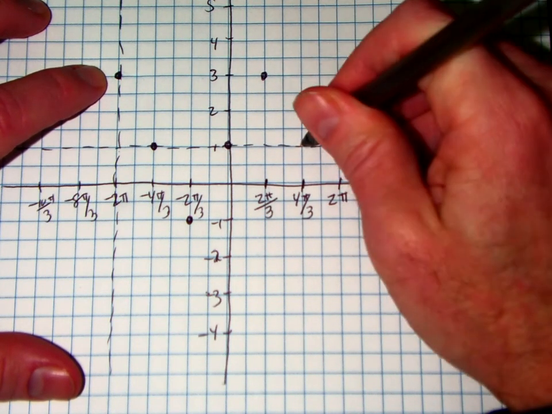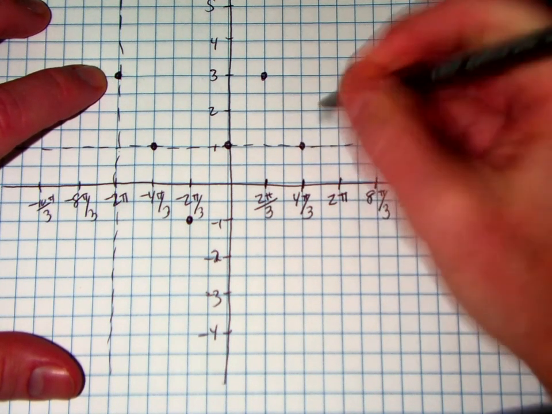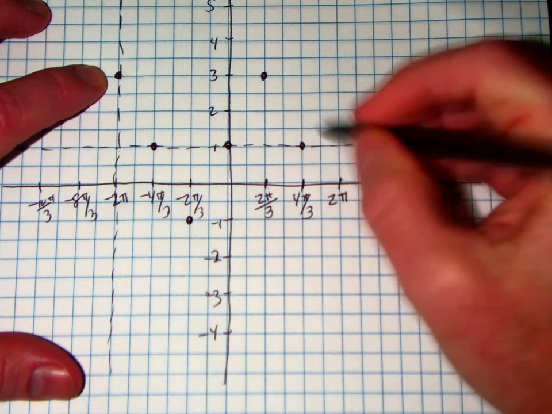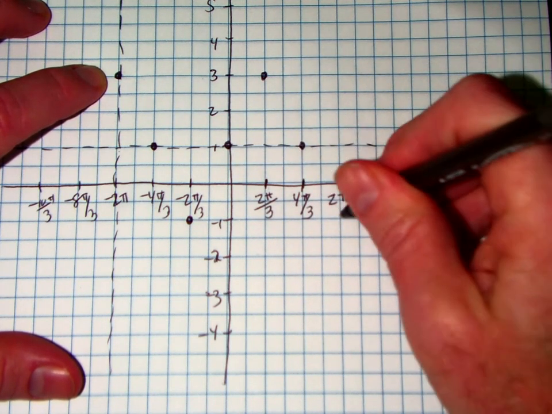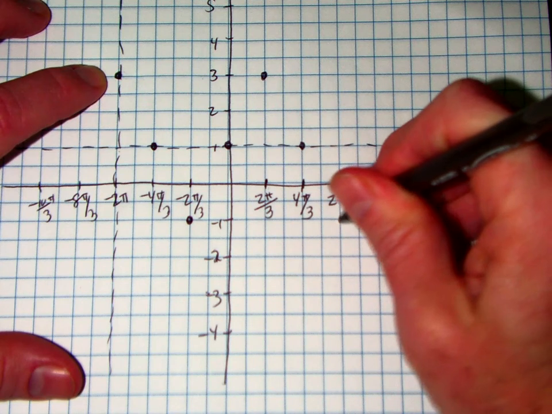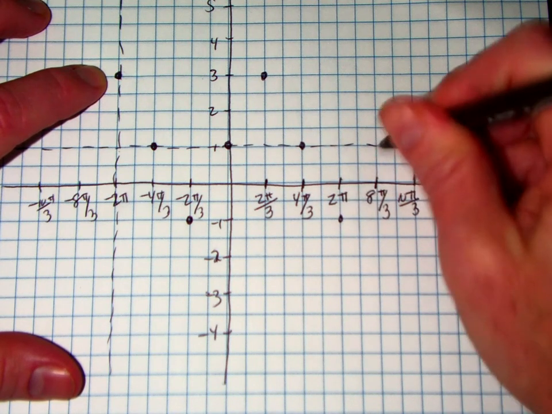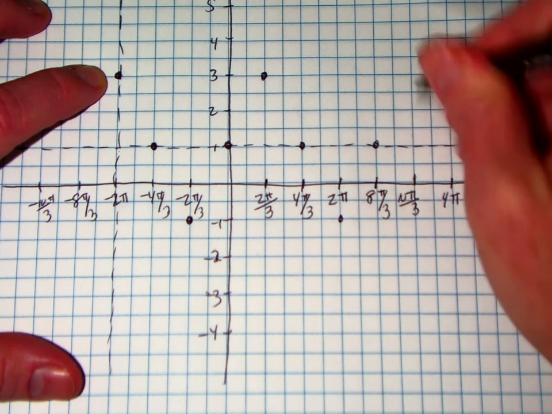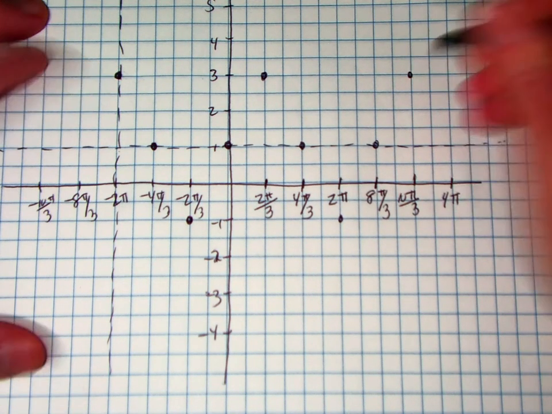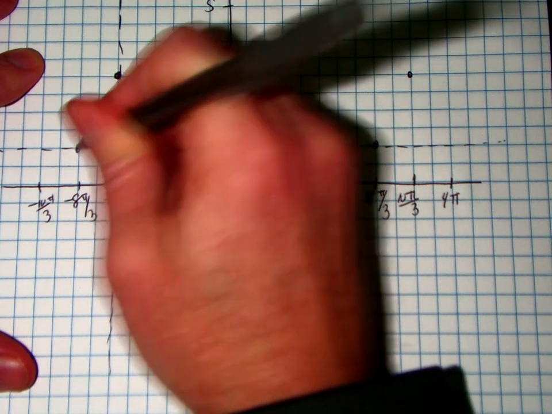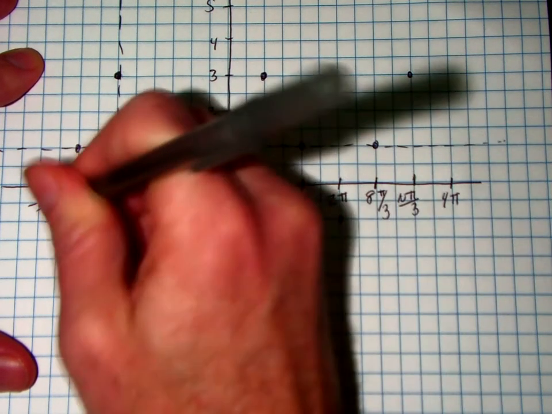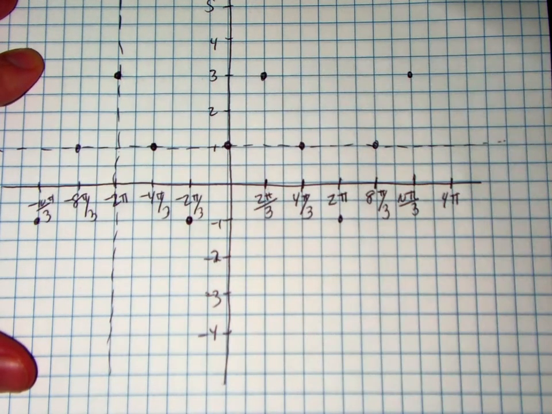Again, I'm going to go and make a few more because, I don't know, the cosine graph to me, when you do one period, just kind of looks kind of funny. So I'm going to do a couple more cycles here. And just maintaining that same pattern over and over again. And I'm going to go backwards a couple times. So we have that.